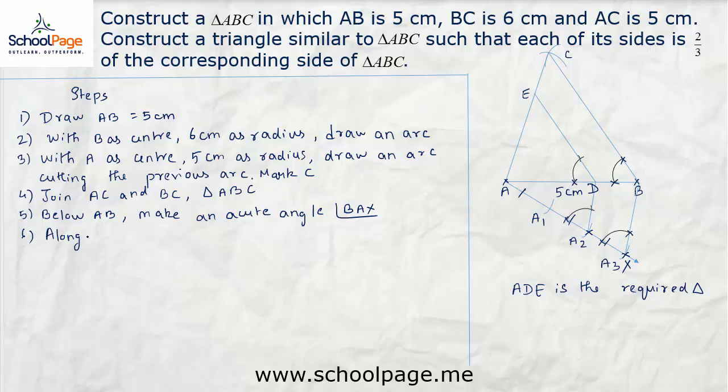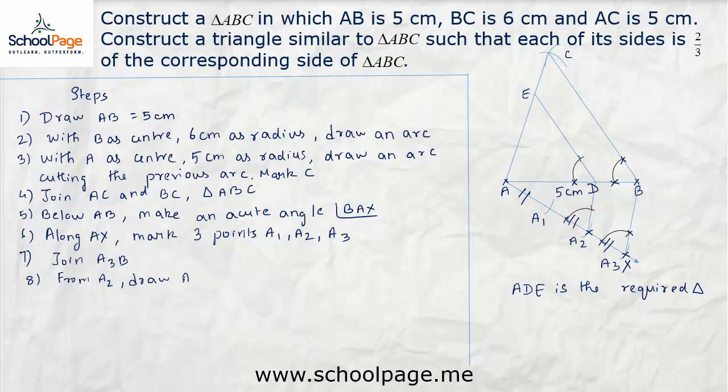Along AX, mark 3 points A1, A2, A3 such that AA1 equal to A1A2 equal to A2A3. Join A3B.